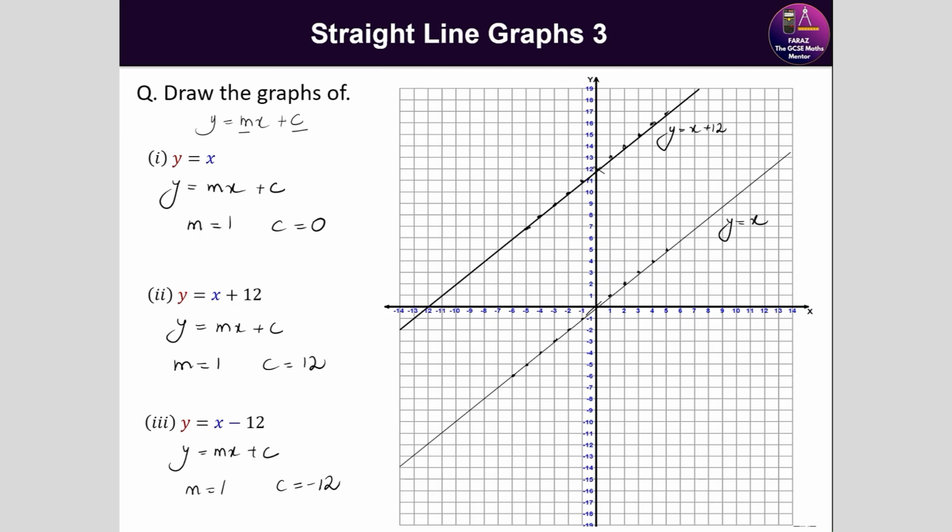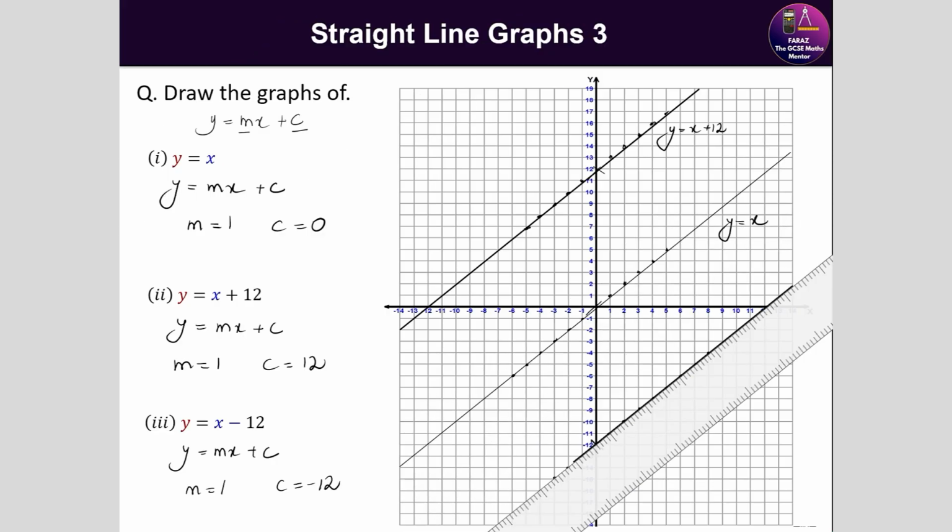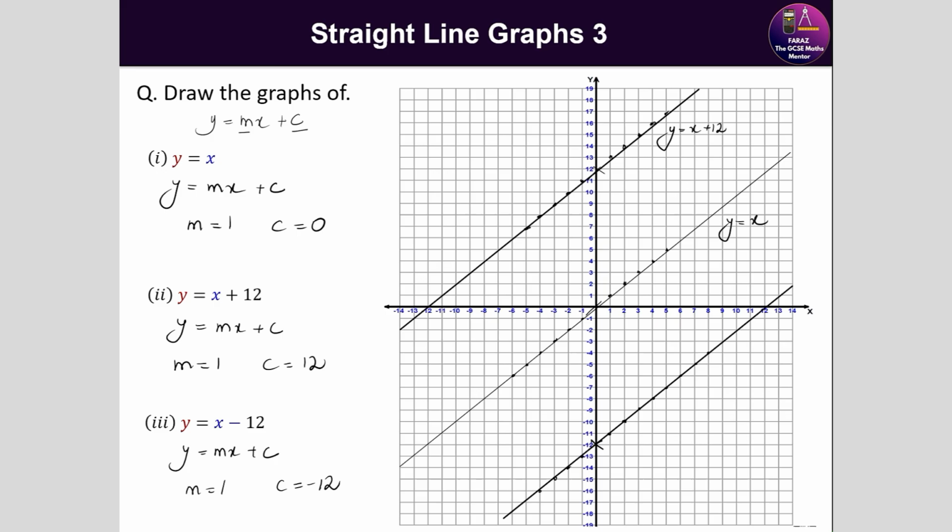So we have to look for (0, negative 12), and again the gradient is 1. So go across 1, up 1, just like before, and here across 1, down 1. This way we can easily plot a line. So this line has equation y equals x minus 12.